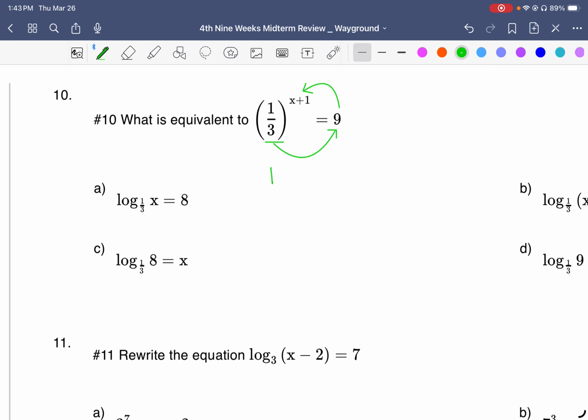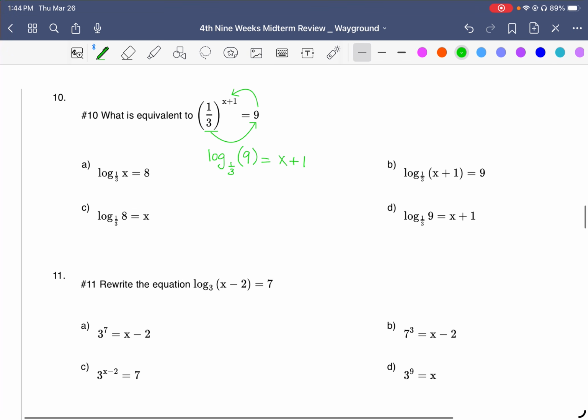And I'm going to start by writing the word log. The base is 1/3. And remember, the base has to be small. Don't write it too big, and it should be a subscript. It should be underneath the word log. And then the arrow leads you to the number 9, and then it leads you to x plus 1. Okay, that would match answer choice D as in dog.